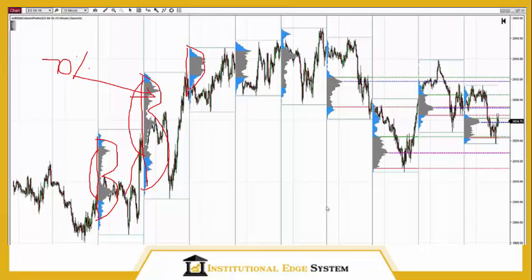Now we have range trading days. These are bell curves right here. Check this out. So 70% of the volume taking place in a fairly compacted area, right? This is my entire period throughout the course of the day. Good distribution at the top and bottom from value area high, value area low. Things again, you could argue that this is another range trading day.